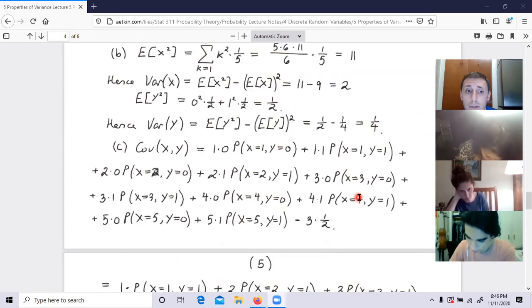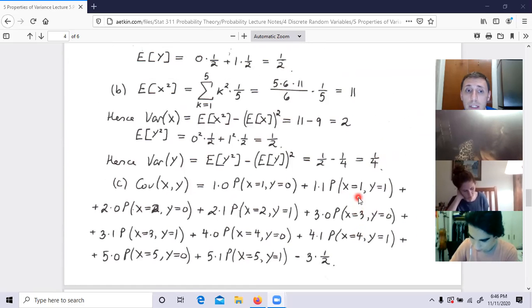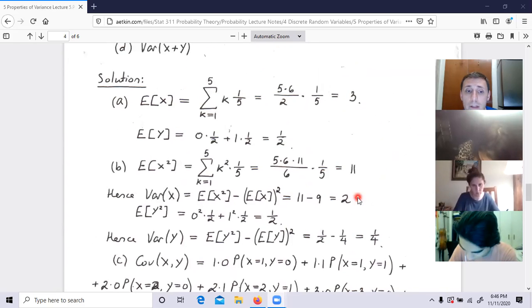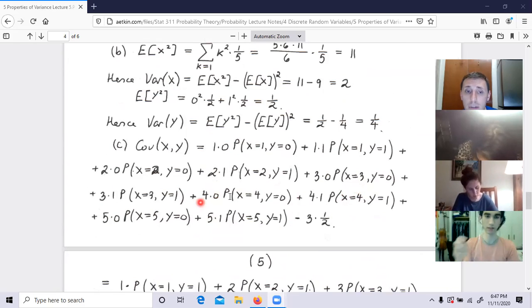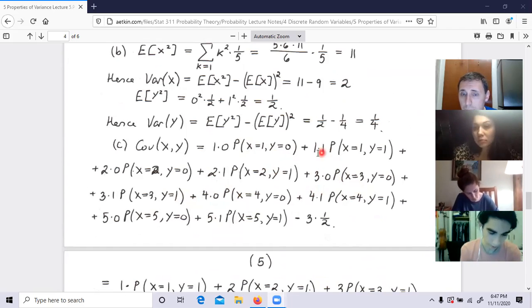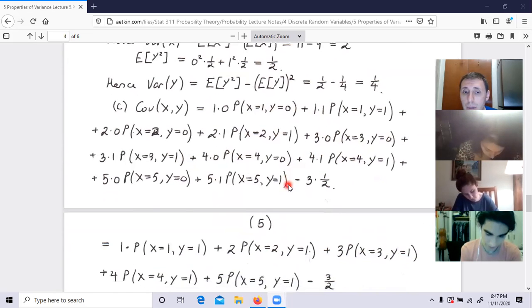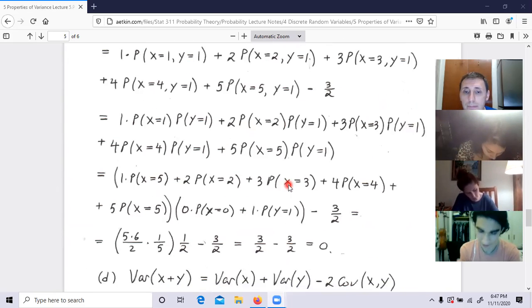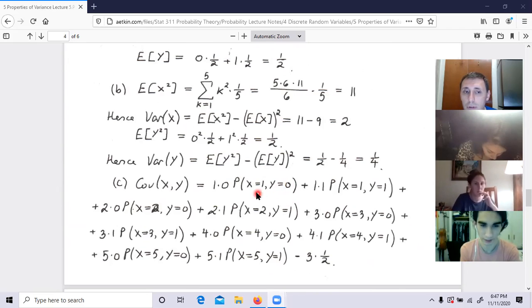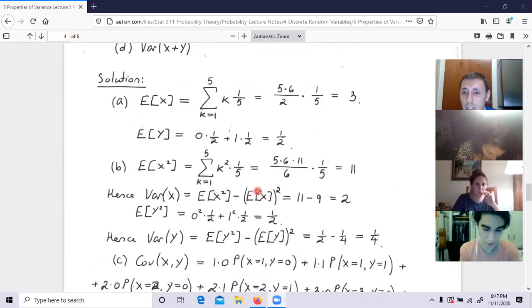And now let's consider the covariance, right? I did it on purpose. I carried out all the possible combinations, to give you an example. But what do you think the answer will be? If I carry out all this long calculation, what will it be?